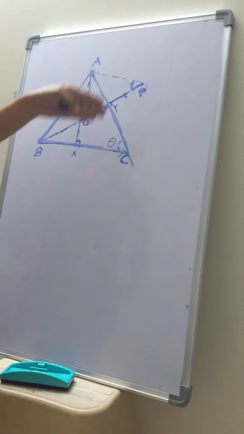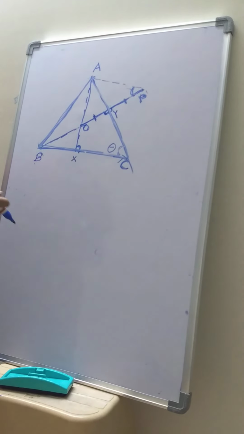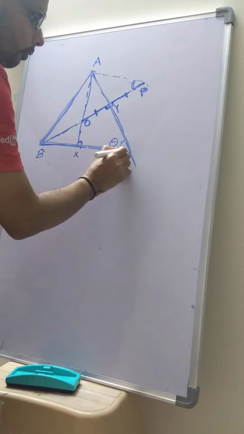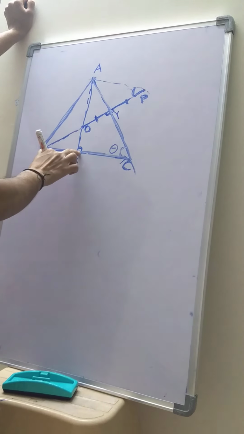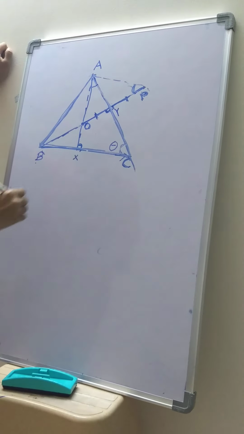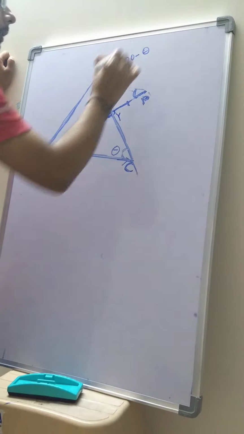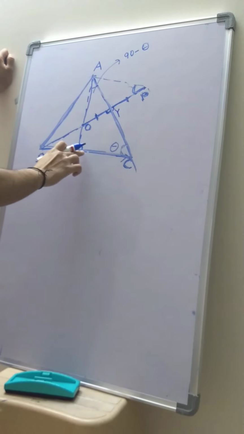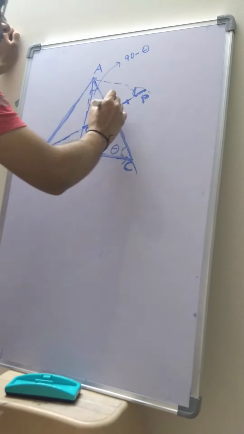If you are able to find this in terms of theta, then you will be able to get the value. So now, if this is theta and this is 90 degrees, what is this angle? This angle will be 90 degrees minus theta. It's self-explanatory.